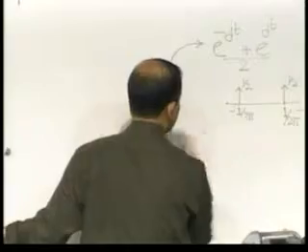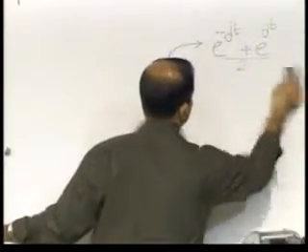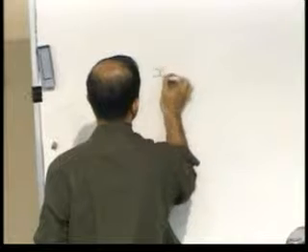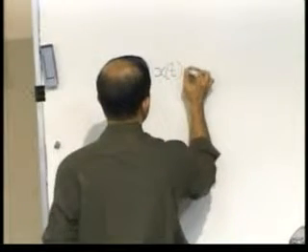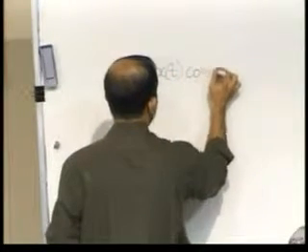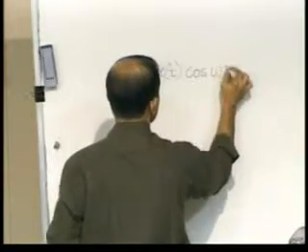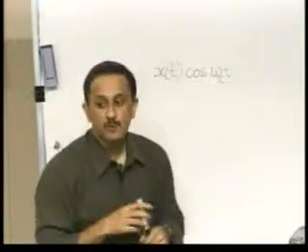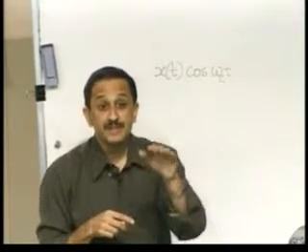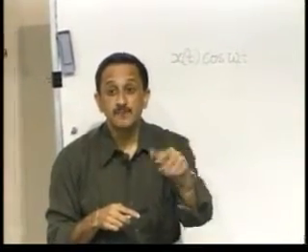Now for example, in the context of modulation, suppose you have a message, a target waveform x(t) to be transmitted. Then x(t) cos omega_c t, where omega_c is the carrier frequency, is the suppressed carrier part of the modulated signal.